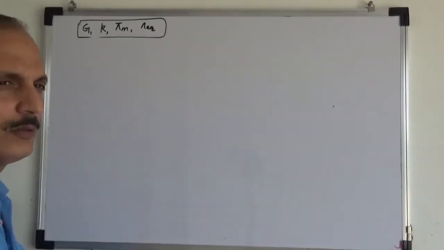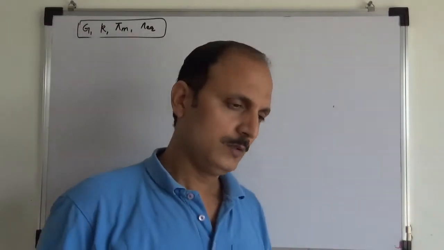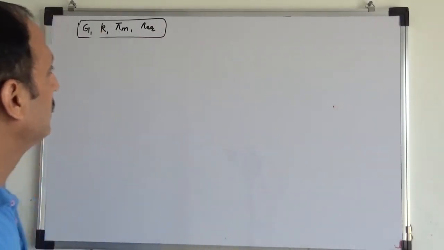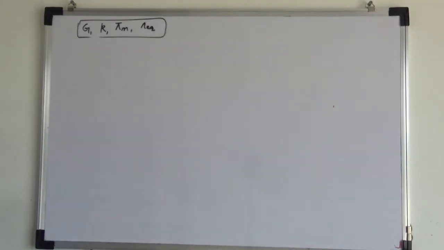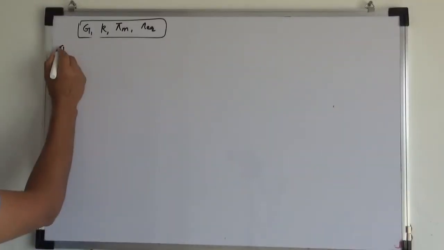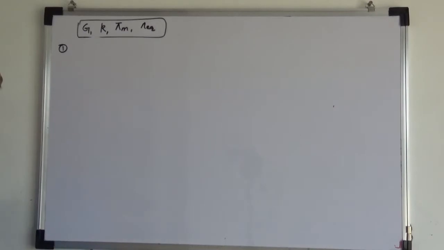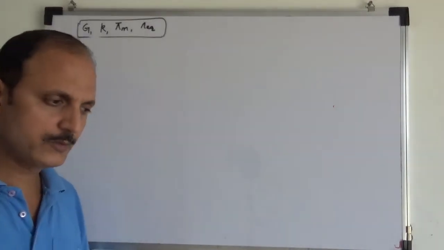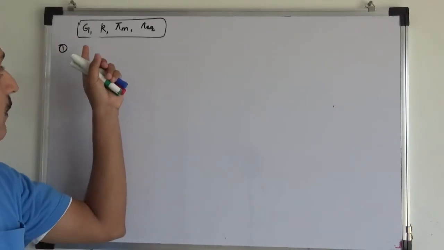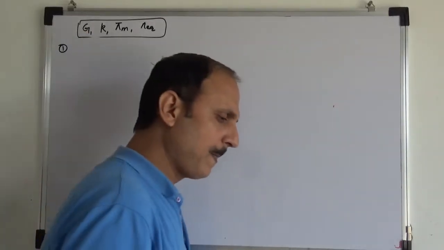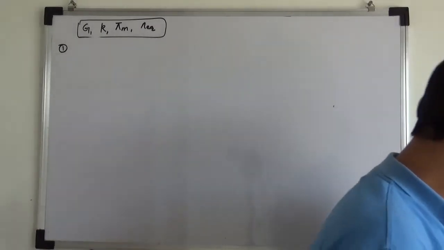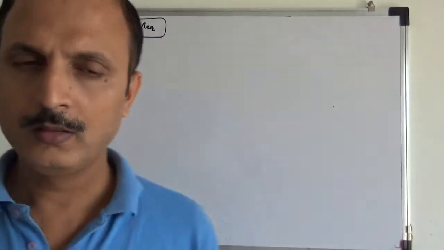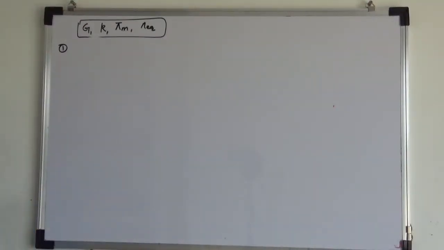If we dilute it, what is going to happen? Okay, first of all, we'll go for strong electrolyte. Because we have two types of electrolyte, strong or weak, we'll go for the variation of K, molar conductivity, and equivalent conductivity for a strong electrolyte.